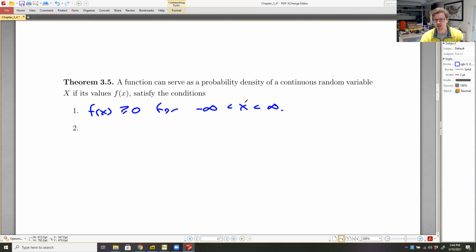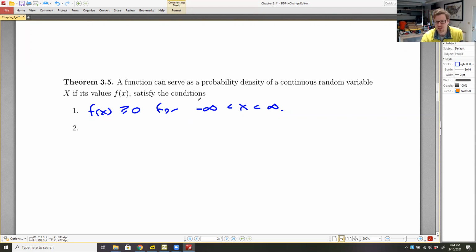So this could be changed to an if and only if statement if we could somehow state that taking on negative values is sometimes okay. But since it's difficult to express that and unnecessary here, we'll just say if it satisfies these two, then we know it can be a probability density function. And we'll just leave it at that for now.